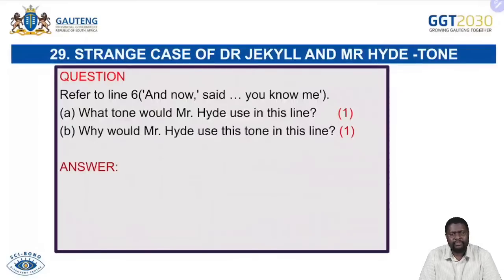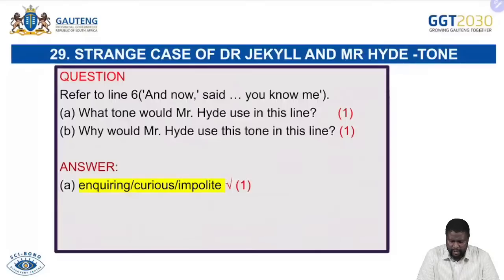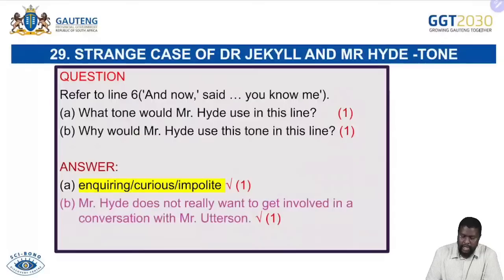He's inquiring. He is curious. He is impolite. Now, why is he being inquisitive? Why is he being impolite towards Dr. Lanyon? Mr. Hyde does not really want to get involved in a conversation. You remember the clue that we had in the extract said he was unwilling to take part in the conversation.